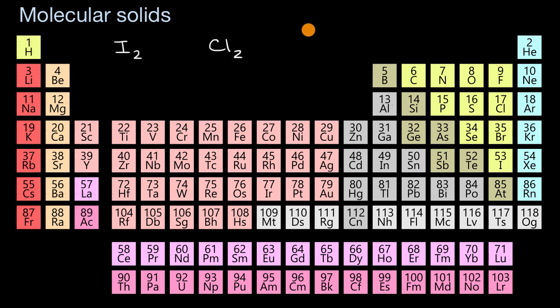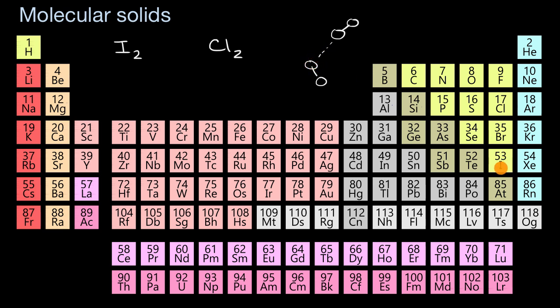Well, as we talked about, each of these molecules is formed by covalent bonds between two atoms, and what keeps the solid together are these dispersion forces. And in earlier videos, when we first talked about dispersion forces, we talked about temporary dipoles and induced dipoles, and they're more likely to form between larger atoms because they have larger electron clouds and are more polarizable.